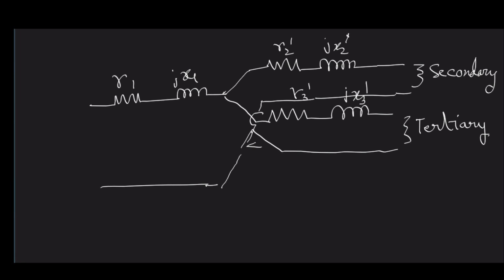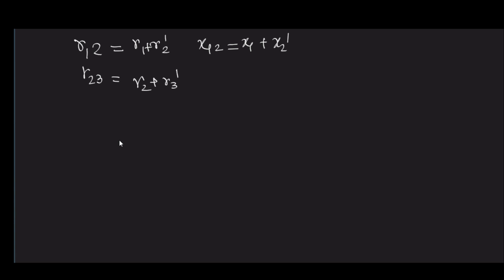Now what we can write is, between primary and secondary, resistance R12, when you conduct a test between primary and secondary, is R1 plus R2 dash, and X12 is equal to X1 plus X2 dash. Now R23 is R2 plus R3 dash, and X23 is equal to X2 plus X3 dash.